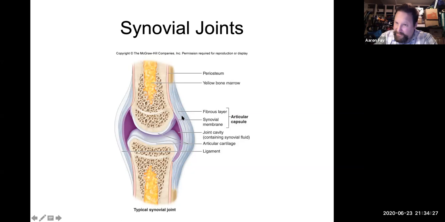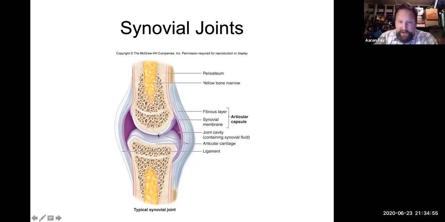Deep to the fibrous layer of the articular capsule, we have the synovial membrane. The synovial membrane is going to be producing the synovial fluid that fills the joint cavity. So what is in between these two bones? Synovial fluid, produced by the synovial membrane, which is just deep to the fibrous layer of the articular capsule.